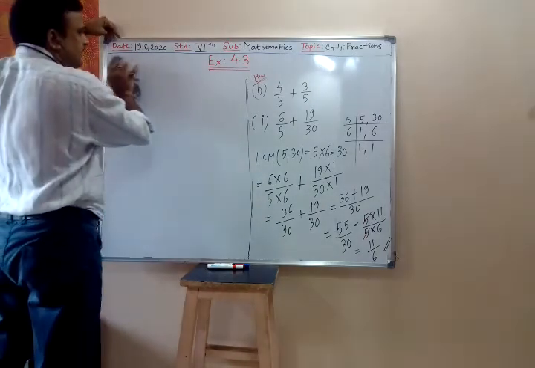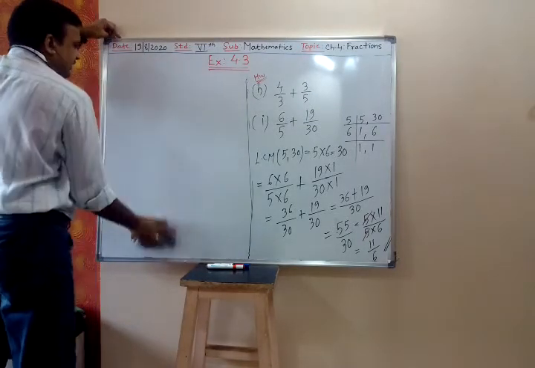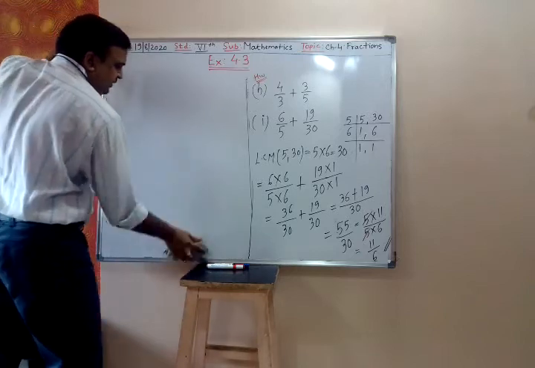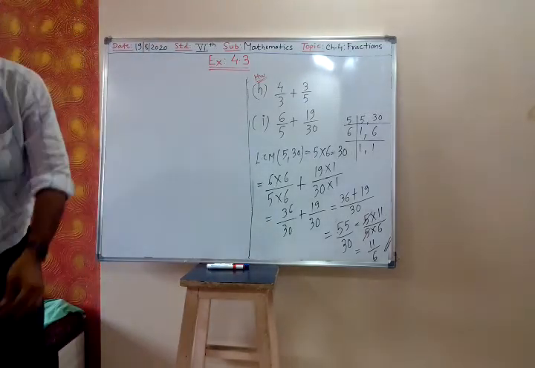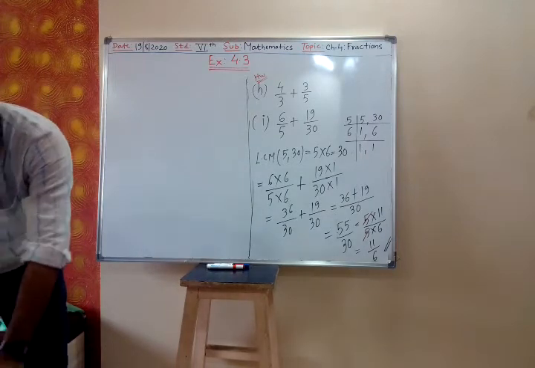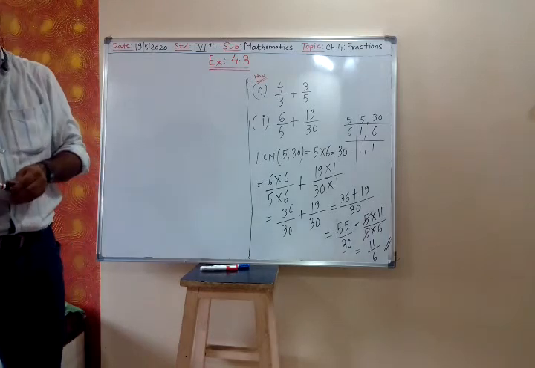This is the lowest term. Always write the fraction in the lowest term, and we find the lowest term by cancelling the same number. Write it in the reduced form, lowest form.